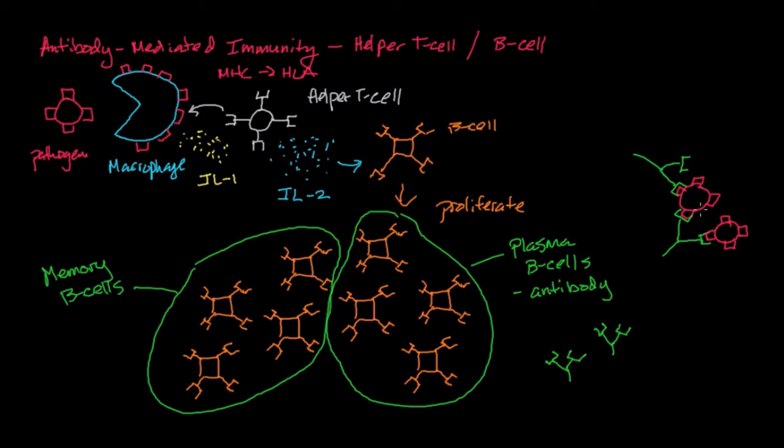What that does is it stops these pathogens from doing anything, so that maybe a macrophage can engulf them, or maybe a cytotoxic T cell can release perforin to puncture a hole through the pathogen's membrane.